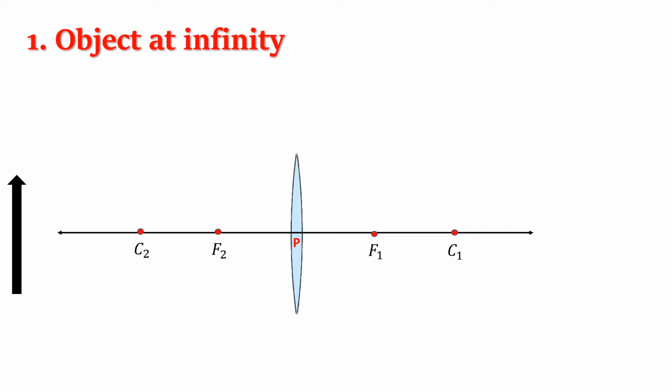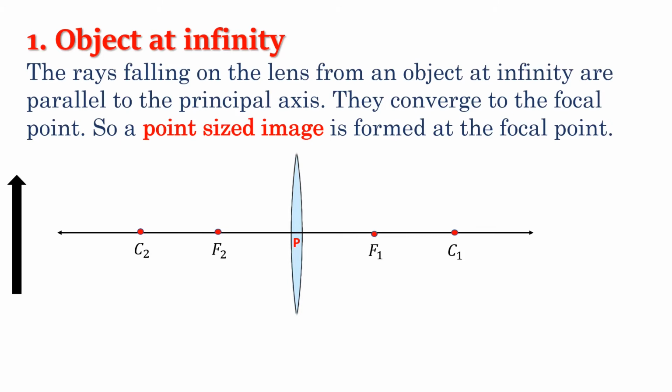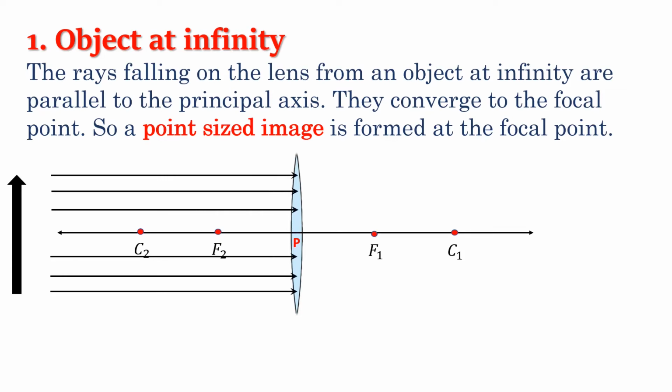When the object is at infinity, the rays which are coming from that object and falling on the lens are parallel to each other. And let us imagine these rays are also parallel to the principal axis.